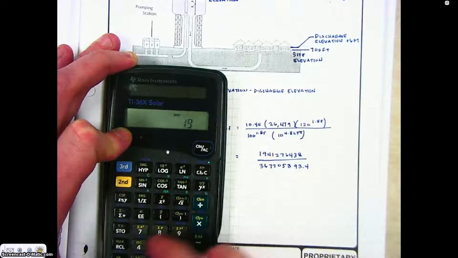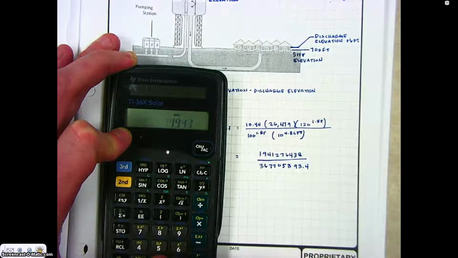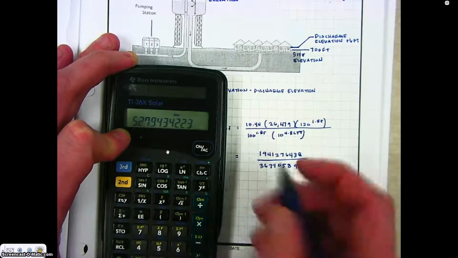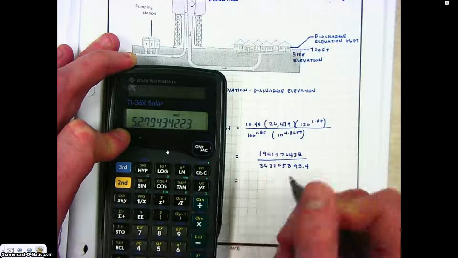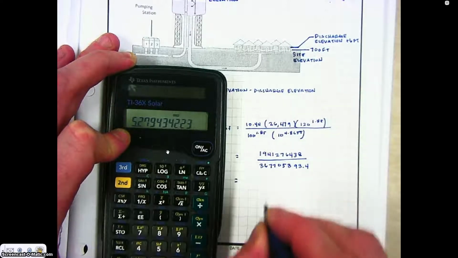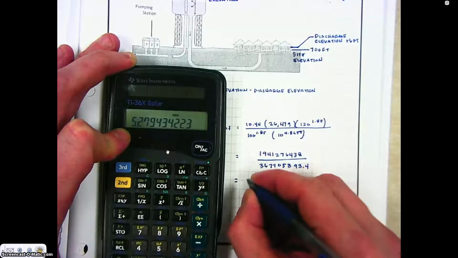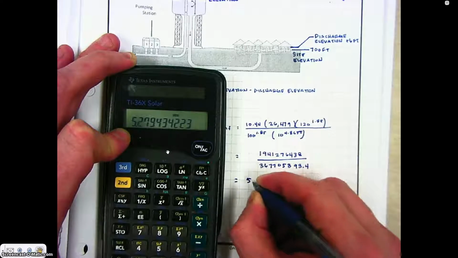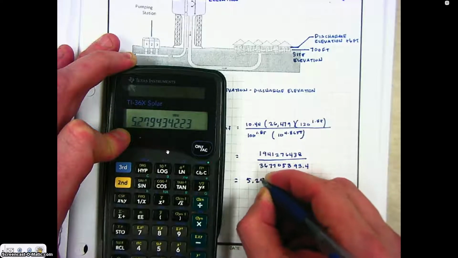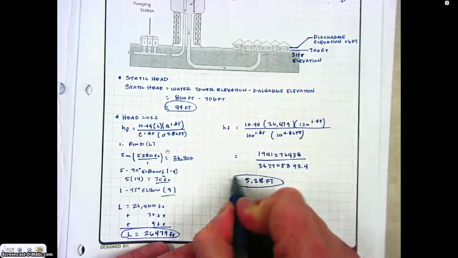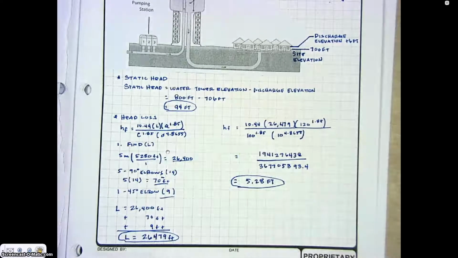So I'll divide those two things, 194,127,6438 divided by 3677,053.4, and I get that I have a head loss because of the friction in the pipe of about 5.28 feet. And so our head loss is 5.28 feet for that pipe.